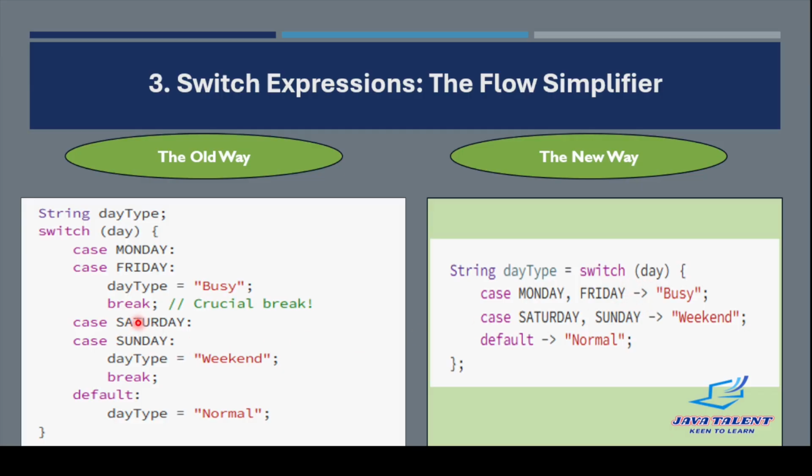In the old pattern we had to use the break statement, but nowadays that is not required. For example, with String dayType = switch (day) and cases, you had to write everything, but now I can group Monday to Friday in one case. In the old approach the crucial break had to be used, but that is not needed in the latest approach.